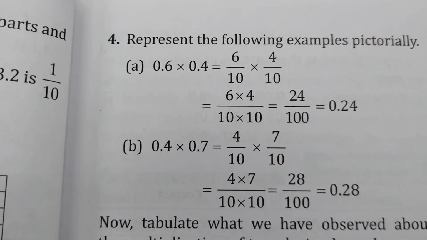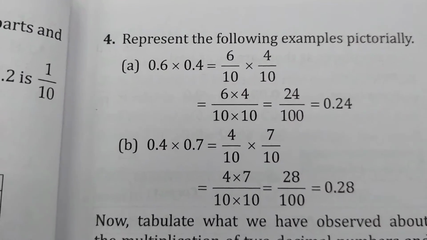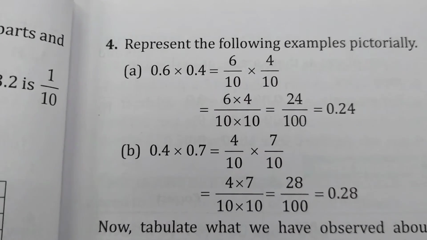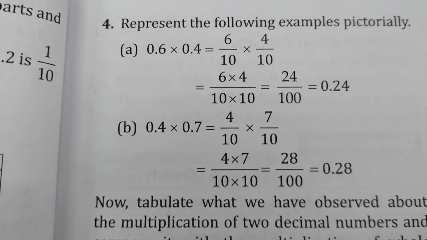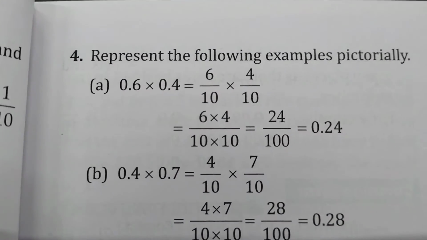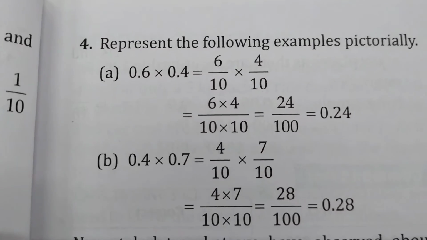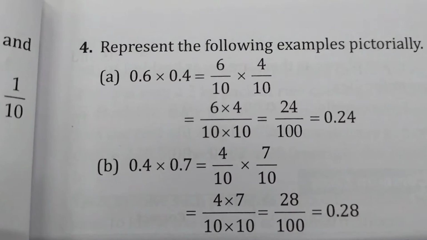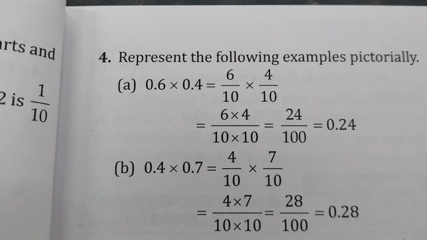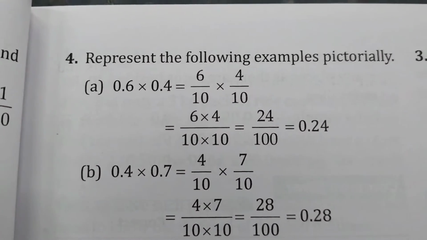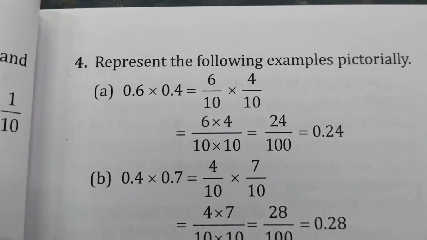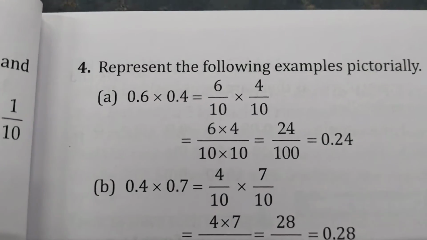Similarly 0.4 into 0.7. 0.4 can be written as 4 by 10, 0.7 can be written as 7 by 10. Both numerators we multiply and both denominators we multiply. 4 7s are 28, 10 10s are 100. So 28 by 100 in decimal form is 0.28.